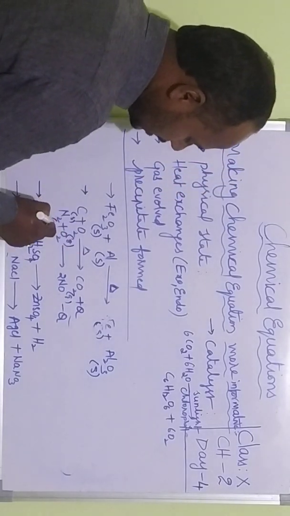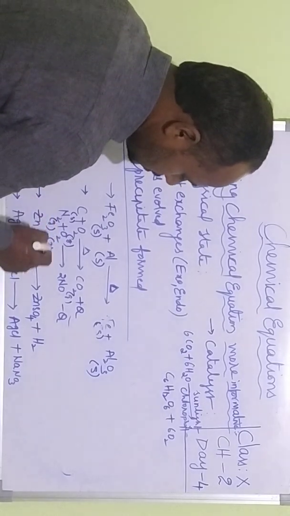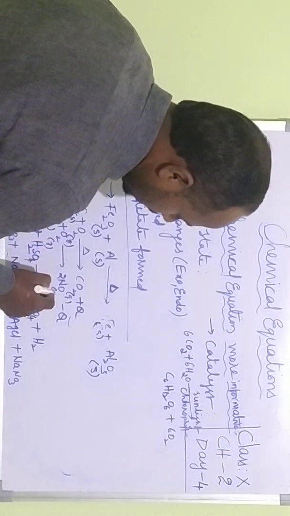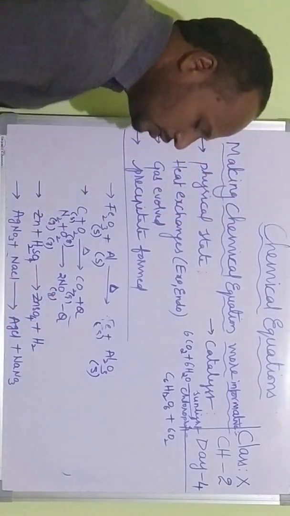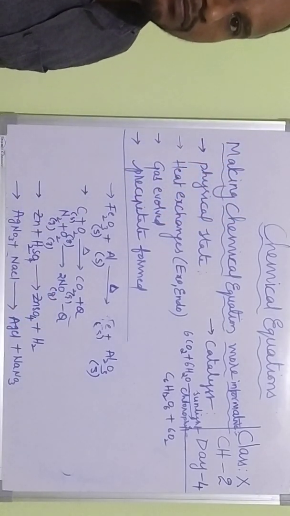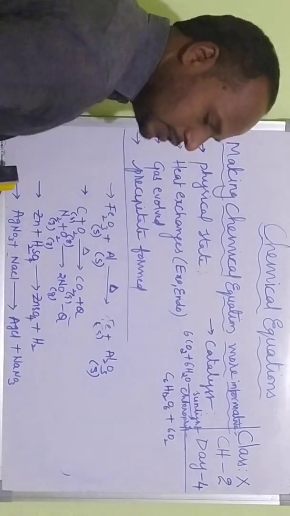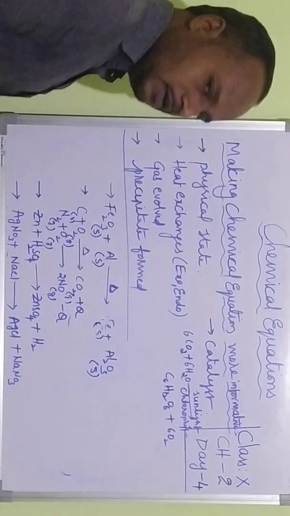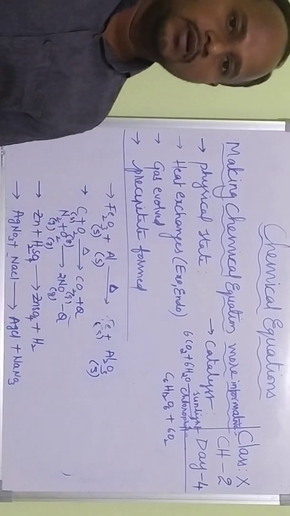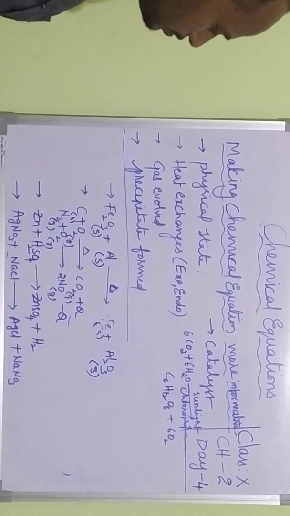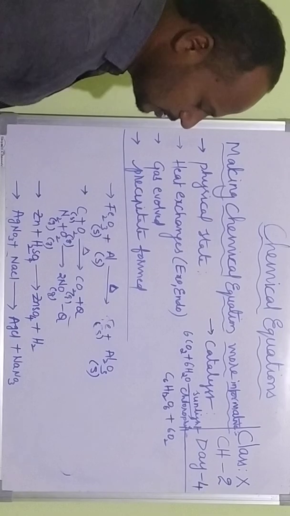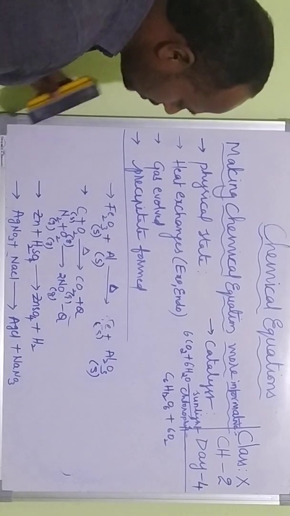Next, nitrogen is a gas, oxygen is also a gas, and it gives you NO as a gas only. Minus Q is nothing but absorption of heat. Q indicates heat energy, minus indicates absorption of heat, so heat energy is absorbed in this. Using these notations you can identify. Next, zinc.